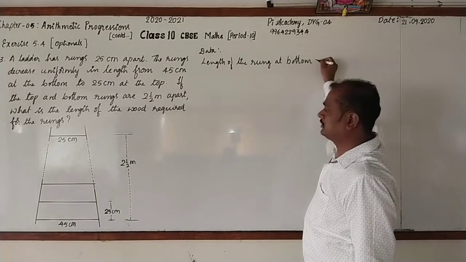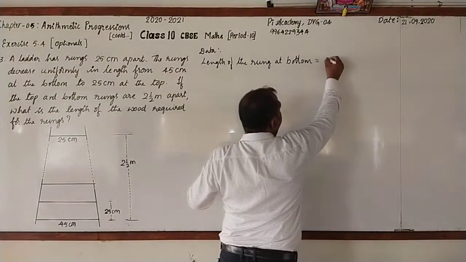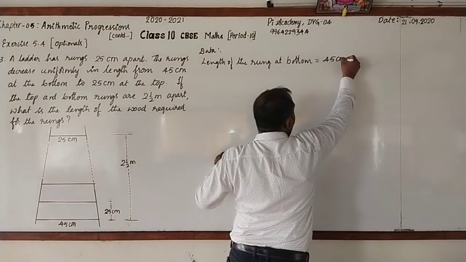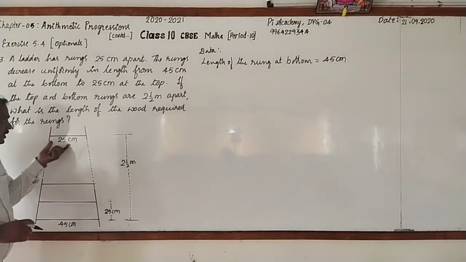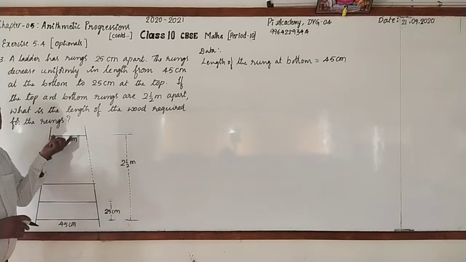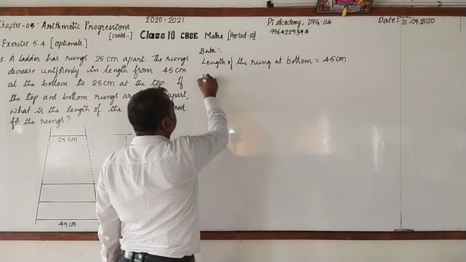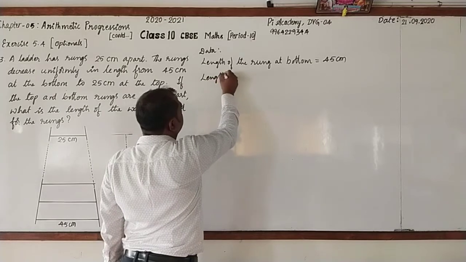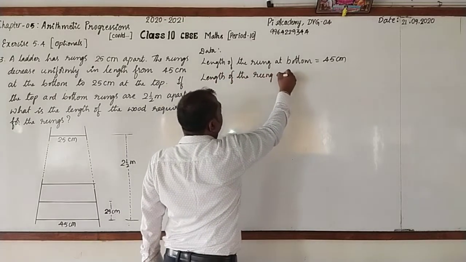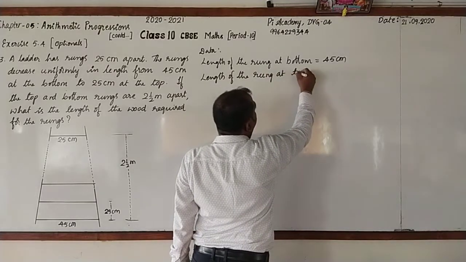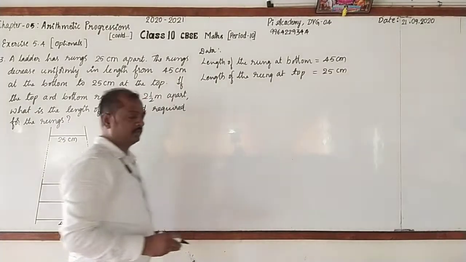How much is it? This is 45 centimeter, right? 45 centimeter. Next, observe the length of the rung which is at the top. Here I'll write length of the rung at the top. It is 25 centimeter.